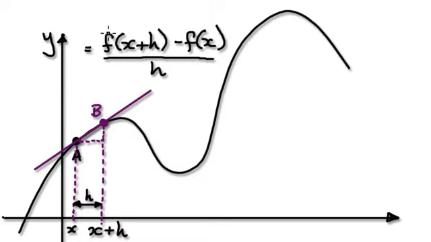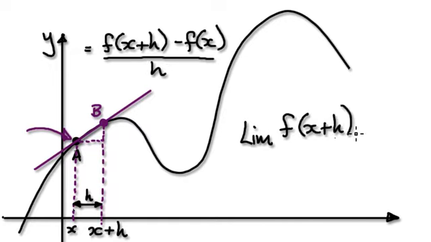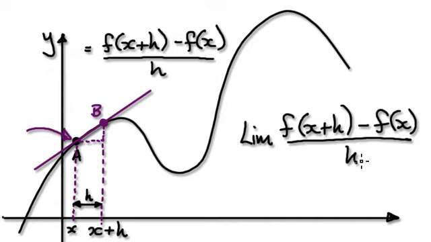From our knowledge of limits, if we ultimately want h to be really small, we want h to head towards 0. So if we want to know the true gradient at a, we're going to have to take the limit of this formula for the gradient, f of x plus h take away f of x, over h, but get h to head towards 0.